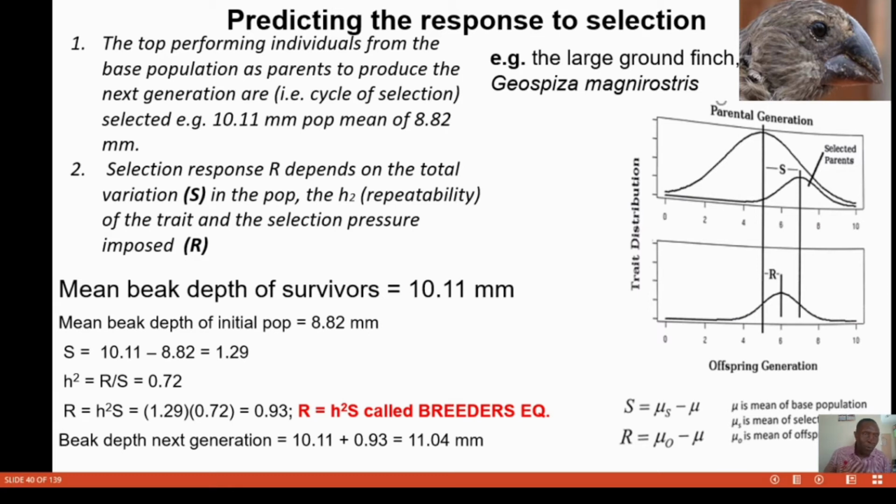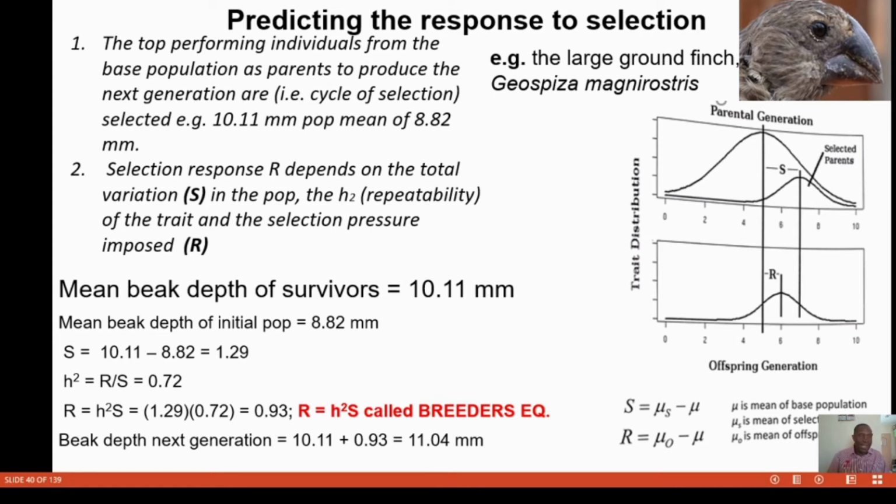If we look at the graph, the bell-shaped curve on the right, we see that we have a parental generation that is bell-shaped. And within it, we select parents to cross: the female 1 and male 1, the female 2, male 2, the female 3, male 3.